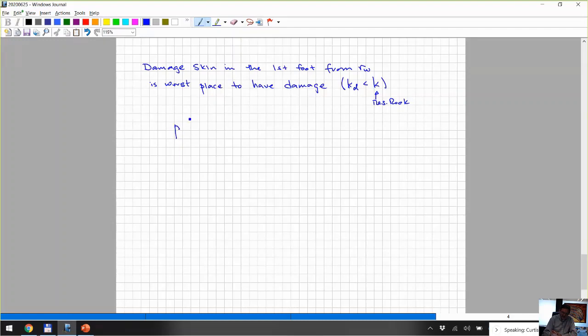pressure. How does pressure vary with radius in a vertical well? Velocity is 1/r, but the pressure drop is proportional with the logarithm of radius.